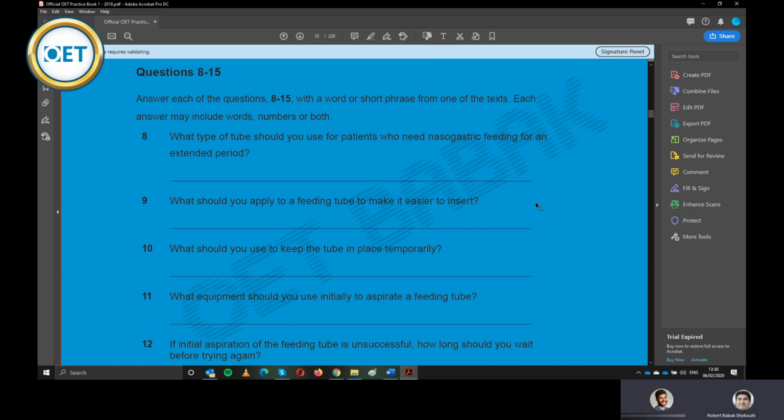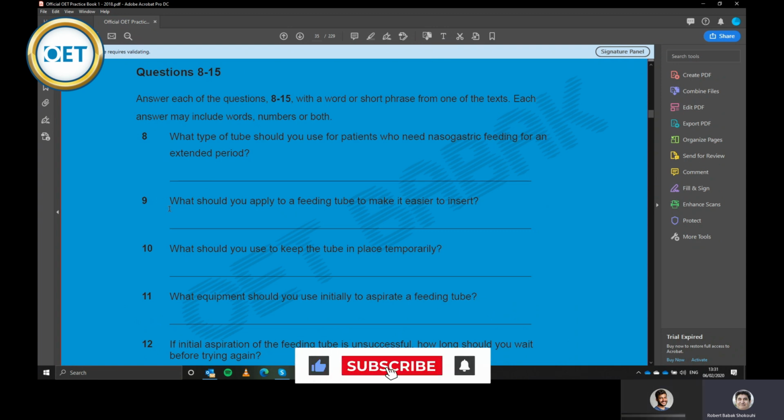If I can guess with 90% certainty, I should write the answer without checking the text. If you have seen it, you just write it and put a mark here, then come back later if you have time and check. While you might be looking for another question, you actually see the answer. When I was looking for another question, I saw this fine bore, so I knew it is fine bore.